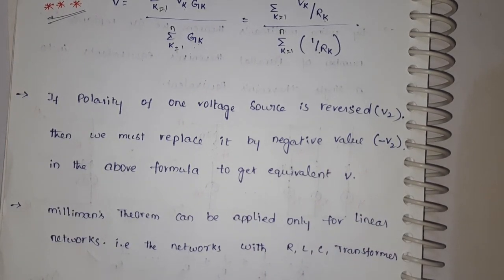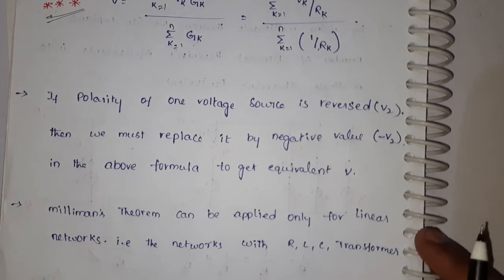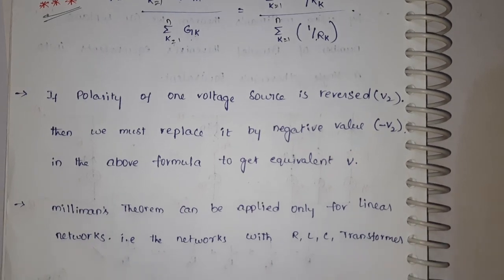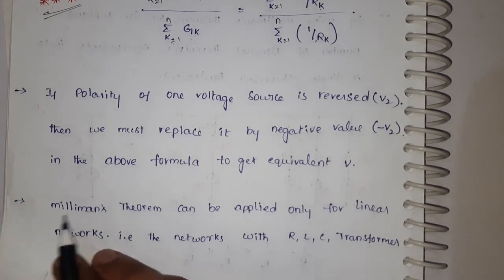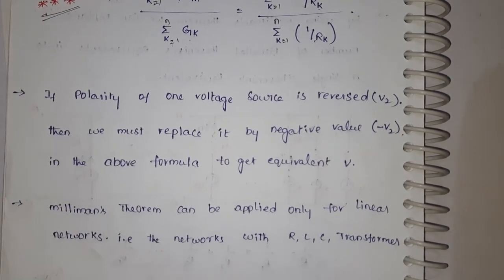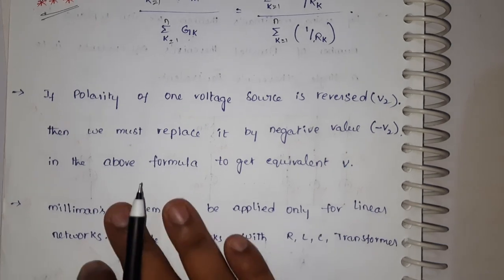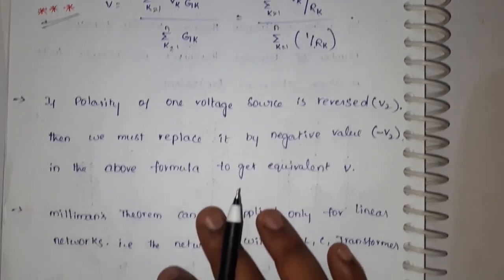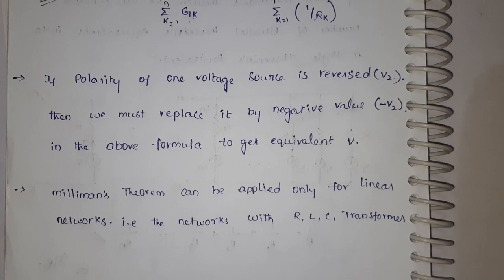We'll solve one example problem so that you can understand this statement. Millman's theorem can be applied only to linear networks, that is, networks consisting of R, L, C and linear elements like transformers. So this is the brief about Millman's theorem.